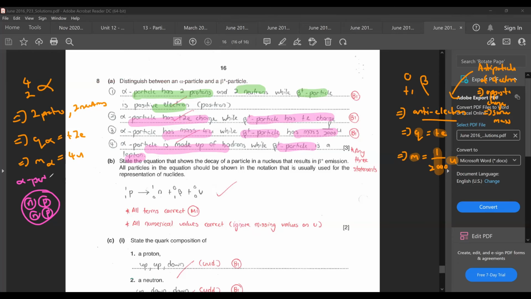It consists of 2 neutrons and 2 protons. So you see, each one of these is a hadron. Neutron is a hadron, proton is a hadron. So you can say that your alpha particle is made of hadrons, while the beta plus particle itself is a lepton. Also possible.